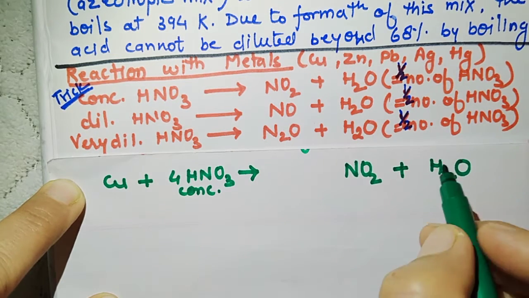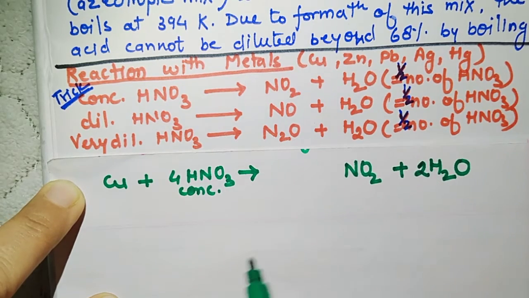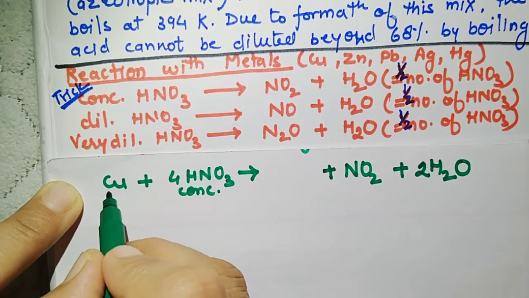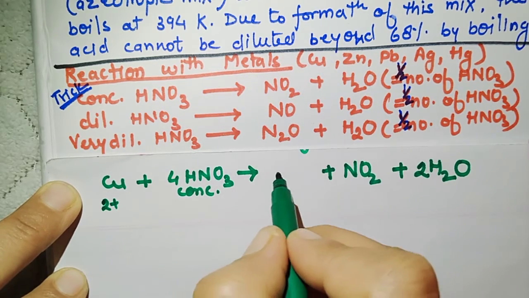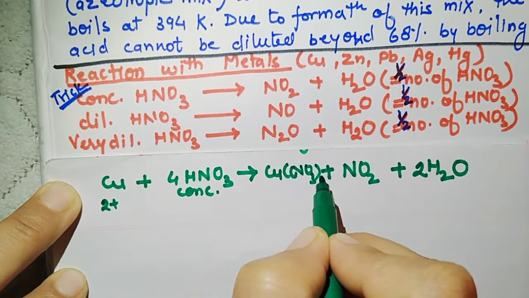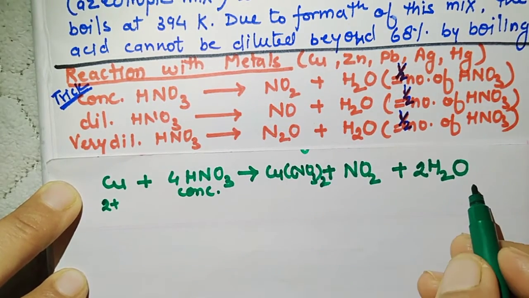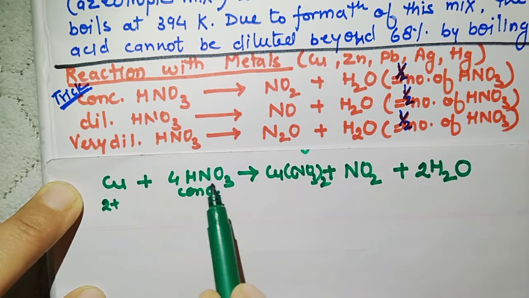Half of HNO3. Half of HNO3, 4 HNO3, this means 2. Now valency of copper is 2 plus. तो कितना NO3 लेगा ये? It will take Cu(NO3)2 twice. So this is your reaction of concentrated HNO3 with metal.